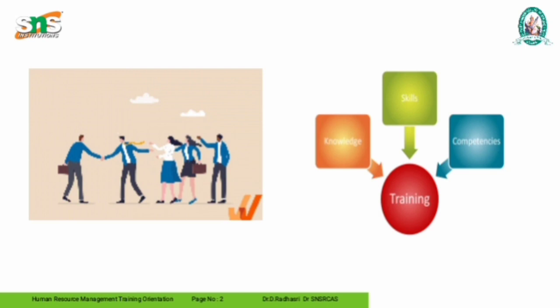Another alternative is induction, which is the process that helps a new employee understand their company's culture, values and business strategies. Induction typically includes orientation but may also include training, social activities and memberships.